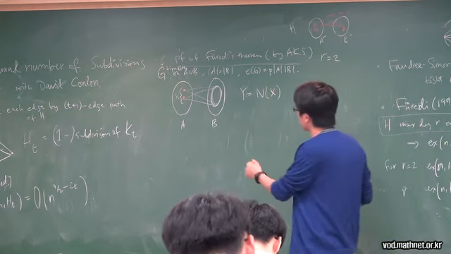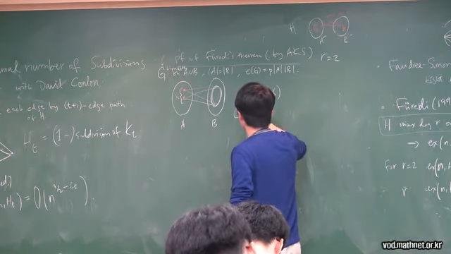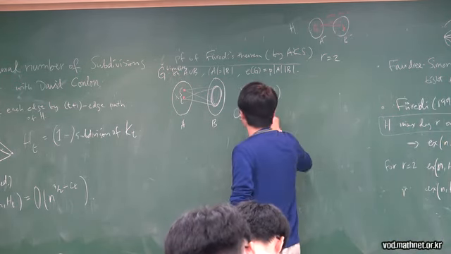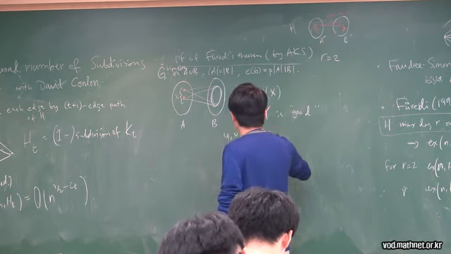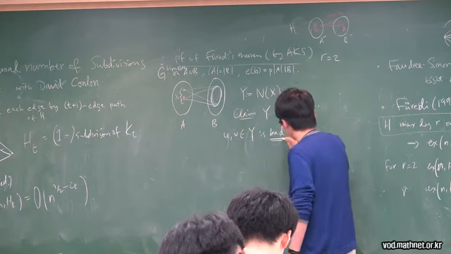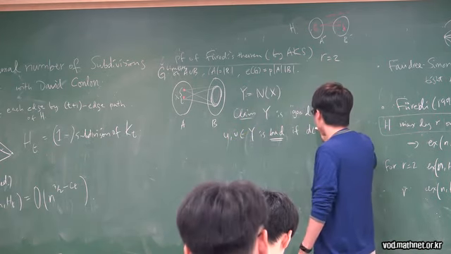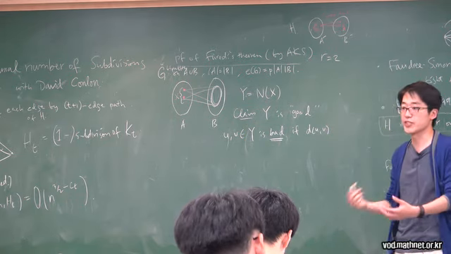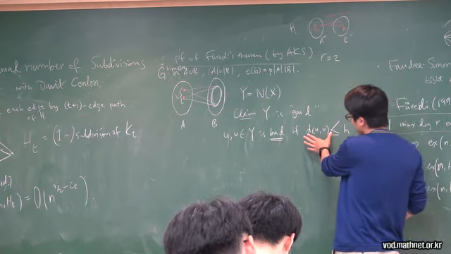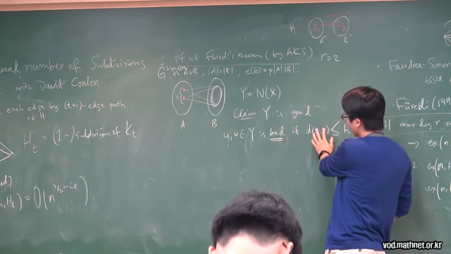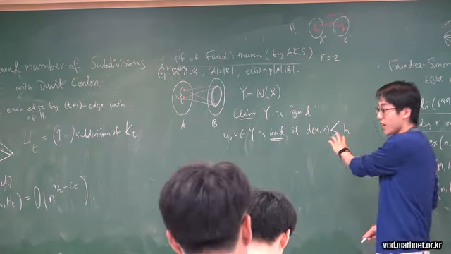And my claim is that Y is good. What's good? I'm going to say that a pair of vertices in Y is bad if there's not enough space to avoid degeneracy, which means the size of the common neighbor of u and v is less than h.